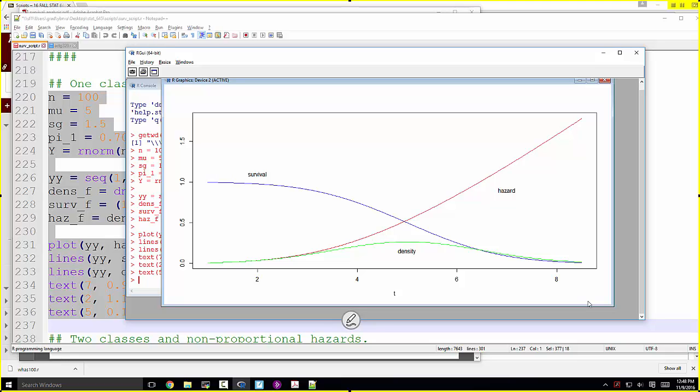But it's not bounded at 1. While the hazard is kind of an unusual thing to try to interpret, it is still intuitive in that it reflects worse prognosis. Higher hazard values reflect worse prognosis.